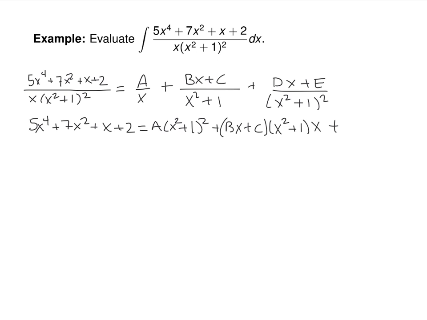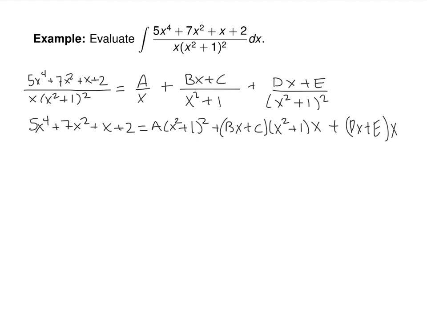And with the Dx plus E, we're left with just that thing times x. Okay, great. For this one, it's probably easiest to just group terms. You can technically plug in x equals 0 and that will give you the value of A, but there's so much more to find. You're going to have to eventually do this, so we should just get it over with.